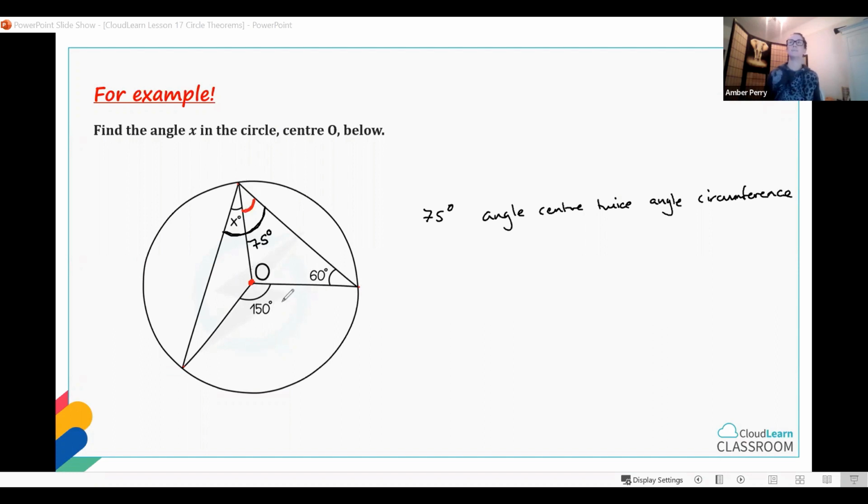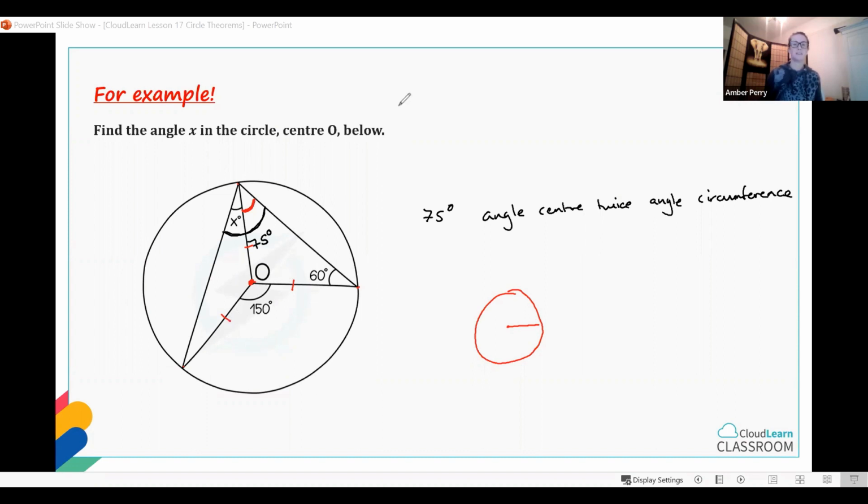I know you know it because we just did it. What's the name of the line that goes from the center to the circumference? Radius, yeah. Those are all called radiuses. That's a radius, that's a radius, and that's a radius. And if they are all the radius of the circle, they are all equal lines, okay?